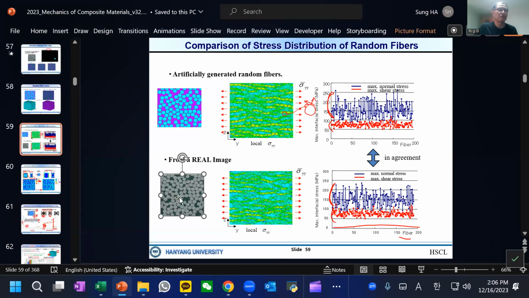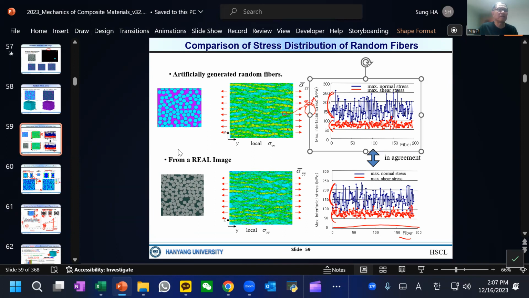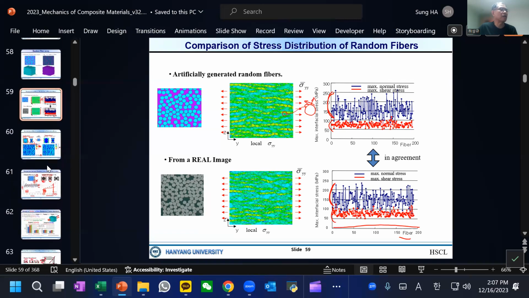For the real image, you just import this into Abaqus, and then we can mesh it and get the stress. As you can see, the range of stress distribution is really similar. So this study is very useful, just a numerical simulation.